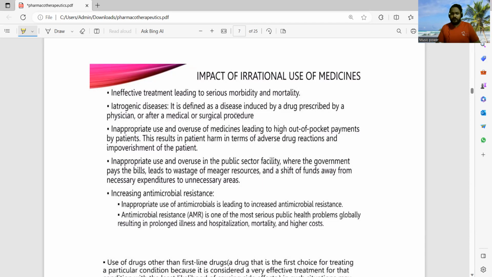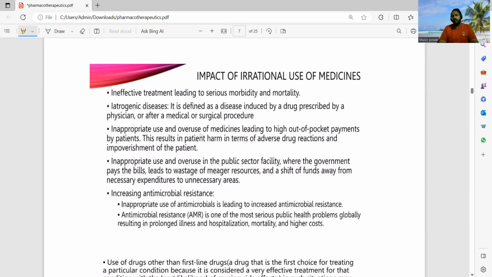If in hospitals the hygiene is not properly maintained, it can cause infection to the attendants of the patients. So iatrogenic diseases are induced by physicians due to the ignorance of physicians after a medical or surgical procedure in the hospitals or in the OT departments.